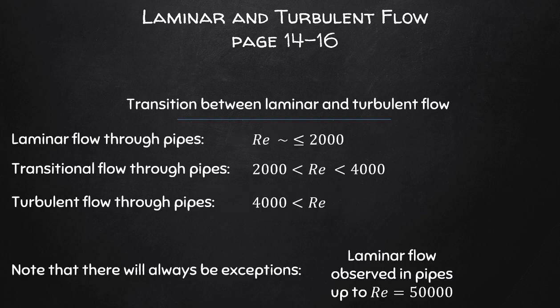The occurrence of laminar, transition, and turbulent flows is specific to the geometry of the surface that interacts with the fluid in question. So for pipes, laminar flow is typically achieved below Reynolds numbers of 2000, and for Reynolds numbers between 2000 and 4000, we say that the flow is transitional between laminar and turbulent, while flow above 4000 is said to be completely turbulent.